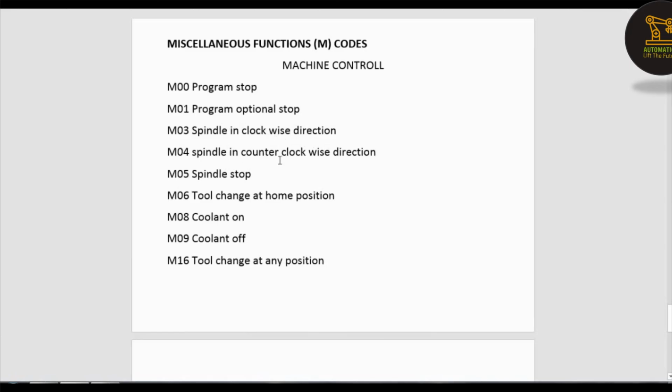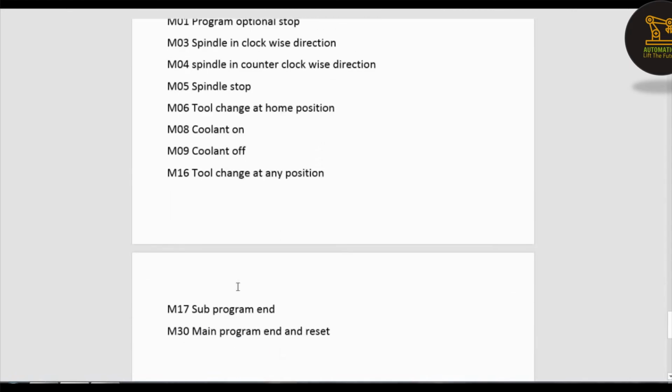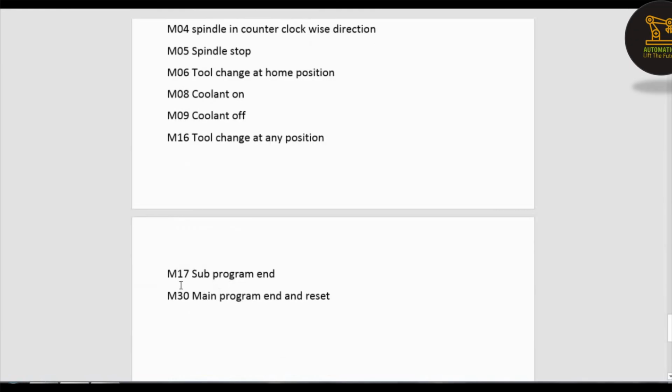M05 is used to stop the spindle. M06, tool change at home position, and M08, coolant on. M09, coolant off. M16, tool change at any position. M17, subprogram end. M30, main program end and reset.